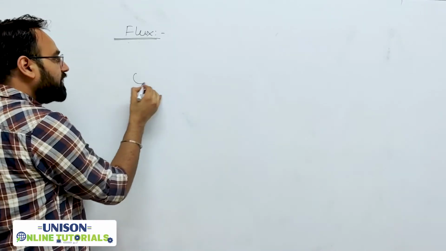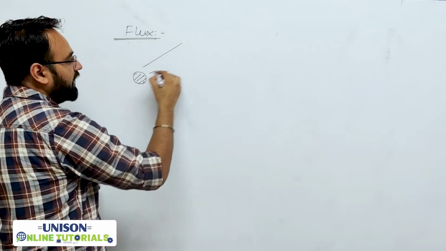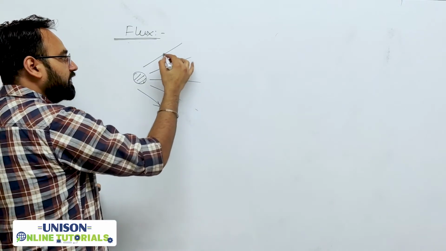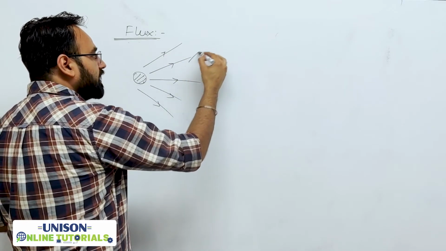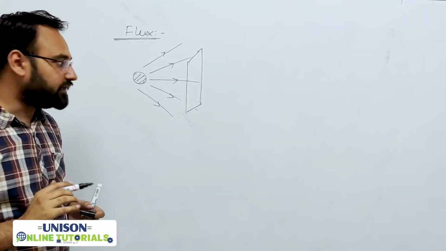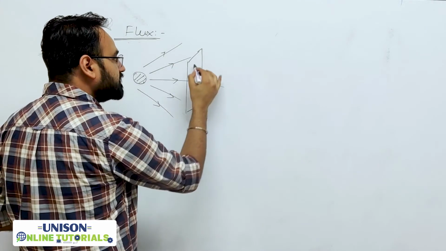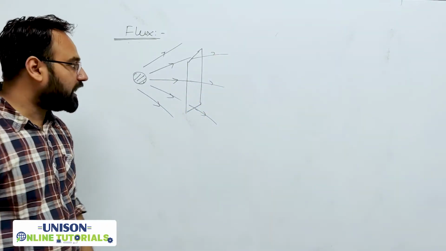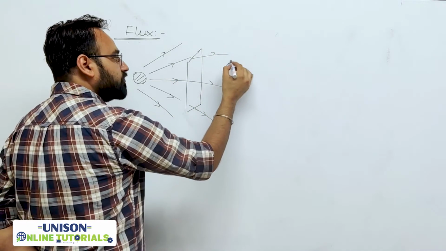Say for example, if we have a charge and there are electric field lines emerging out of it, and now if I place an area like this, then these electric field lines will cross this area like this.